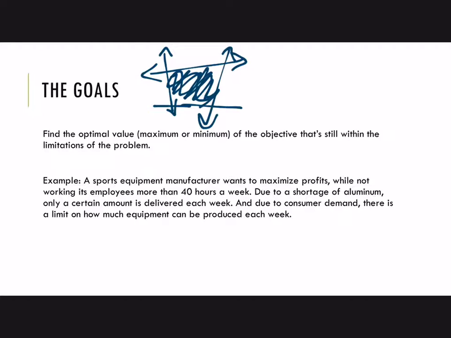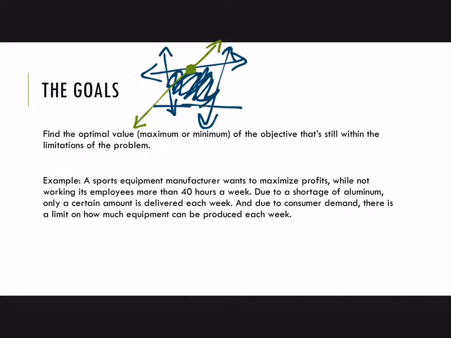Well, then let's say you have this profit line, and profit does increase with the more of, say, a product that you sell, but you can't just make an unlimited amount of product. You're restricted by the number of employees working, the amount of time available in the factory, things like that. So we want to take those limits into consideration and then just choose the maximum value for profit that still meets all of those limitations.